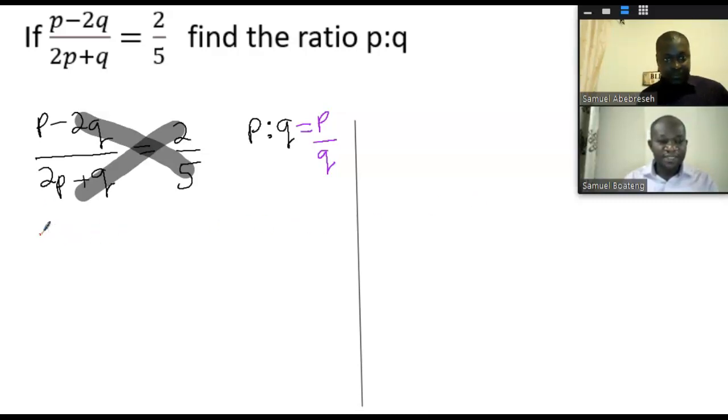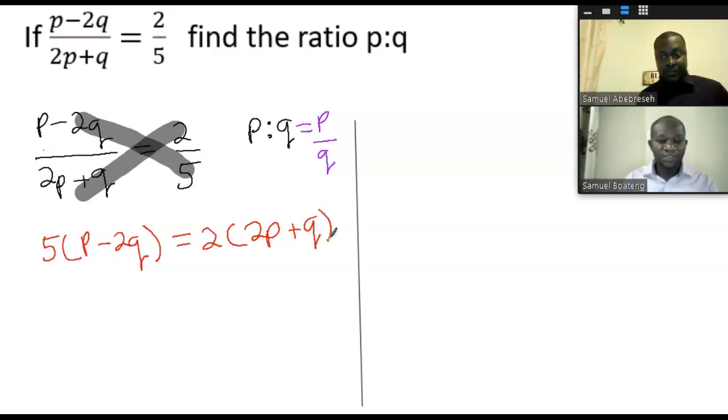On the left-hand side, we have 5(p - 2q) equal to 2(2p + q), and you close the bracket.